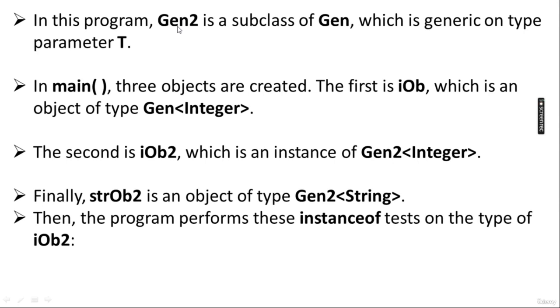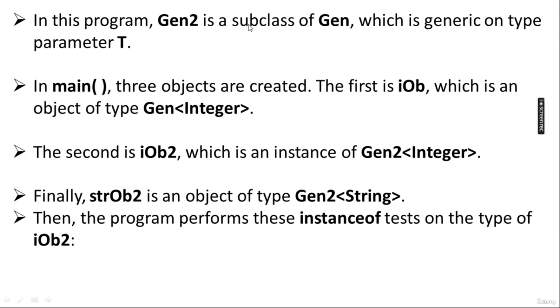Okay, in this program Generic2 is a subclass of Generic, which is generic on type parameter T. Three objects are created. The first is iOb, which is an object of type Generic Integer. Second is iOb2, which is an instance of Generic2 Integer.